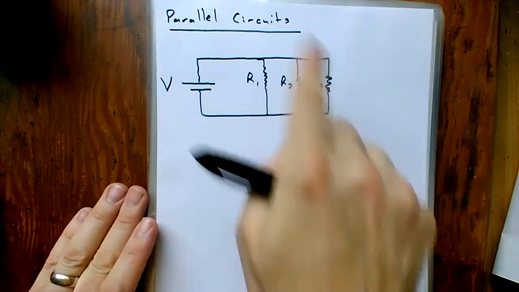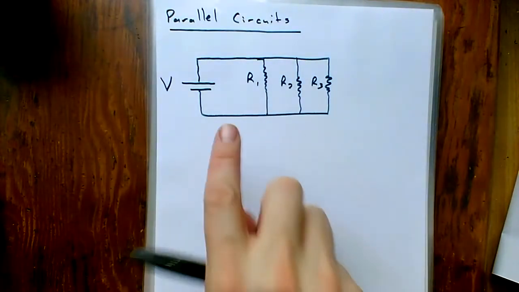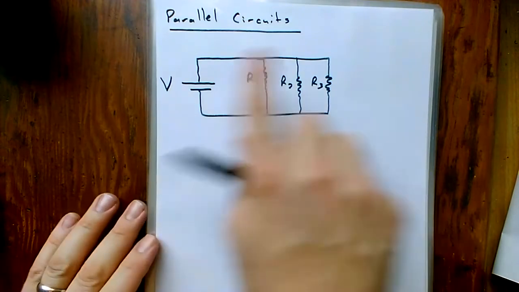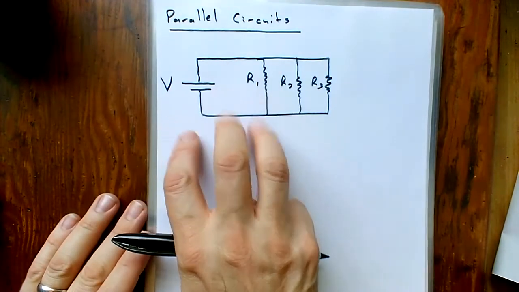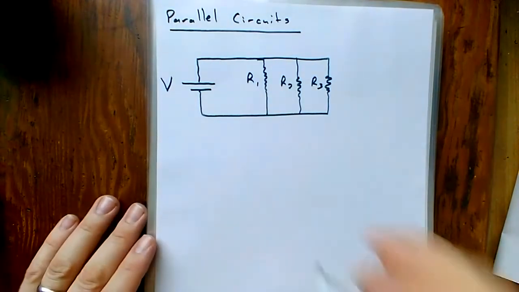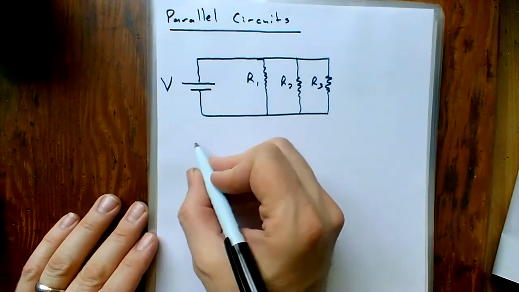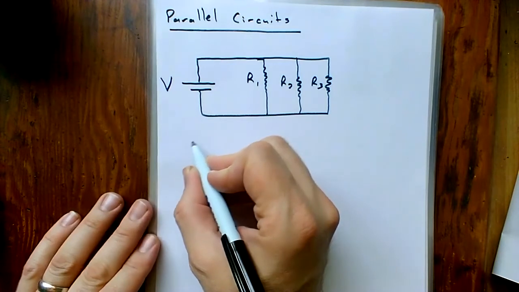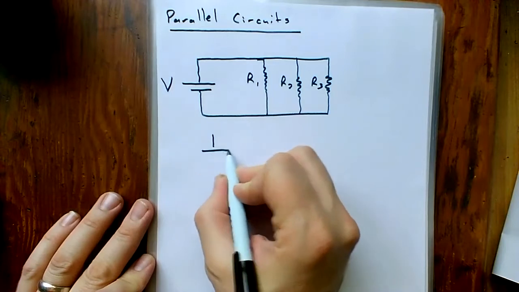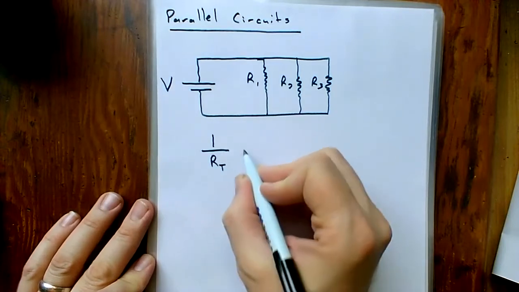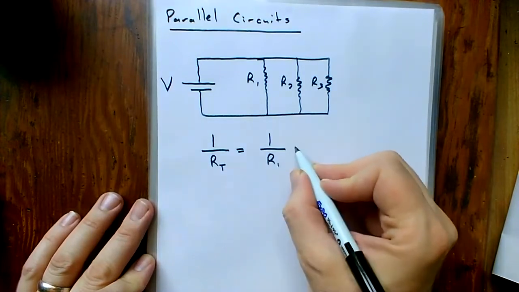Now, there's a couple things that we're going to do with this. One of the important skills that we need to know is how do we calculate the resistance for all of this? There's two different ways that we're going to do this. One way is with a resistance formula, and it's that the reciprocal of the total resistance is equal to the sum of the reciprocals of the resistances.